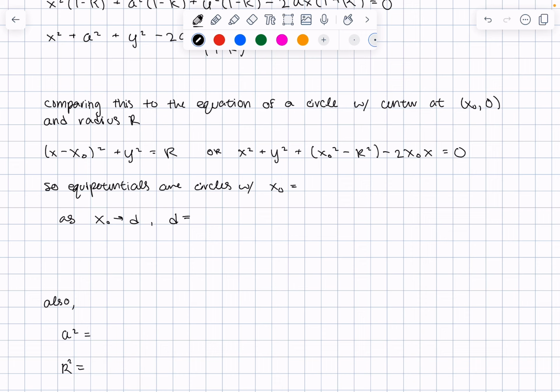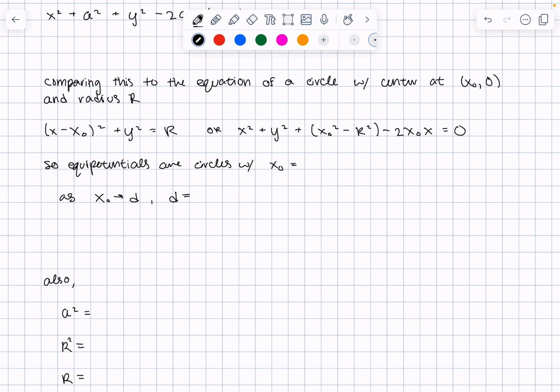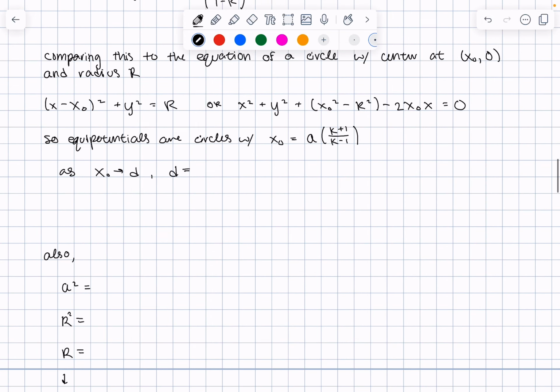So here, just by comparing these two, we can see that our equipotentials are circles with x naught equal to a times (k plus 1) over (k minus 1), right, from here.